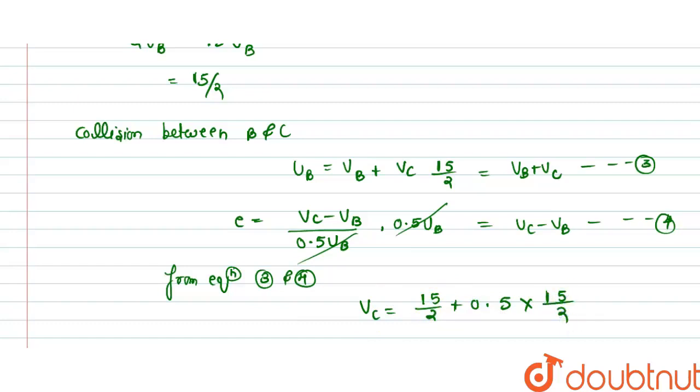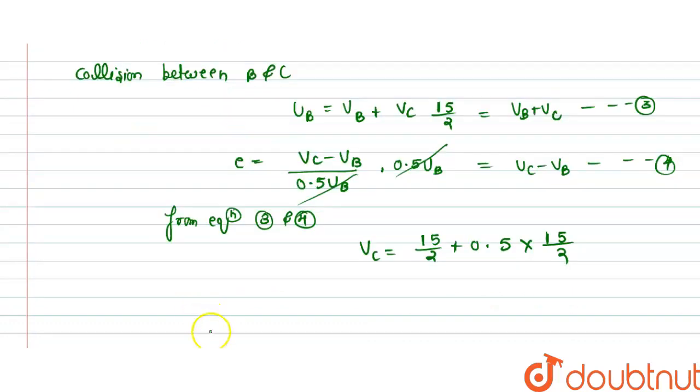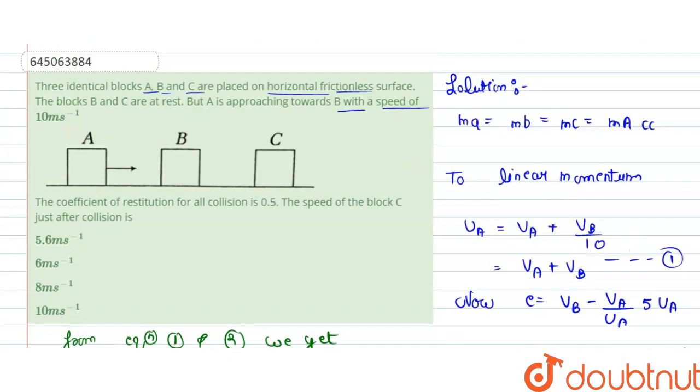On solving the equation, we get vC equals 5.6 meters per second. So the answer to this question is 5.6 meters per second, which is option A, correct.